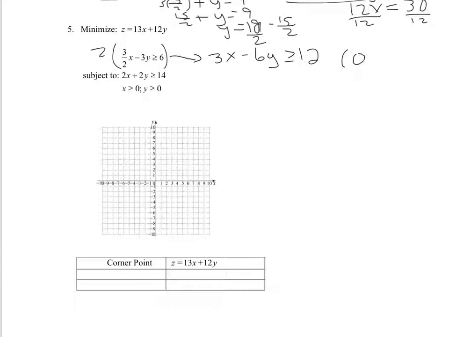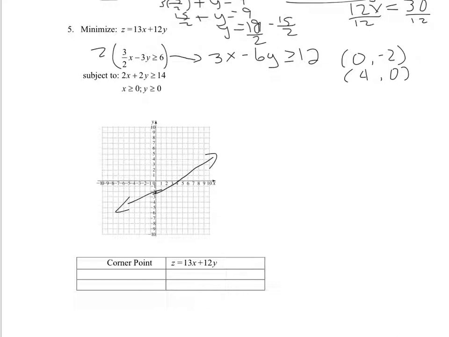When x was 0, y was negative 2. When y was 0, x was 4. So if we plot that on our graph, we have (0, -2) right there, (4, 0) right there, and that gives us this line.